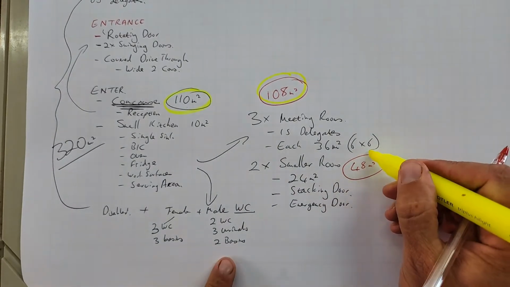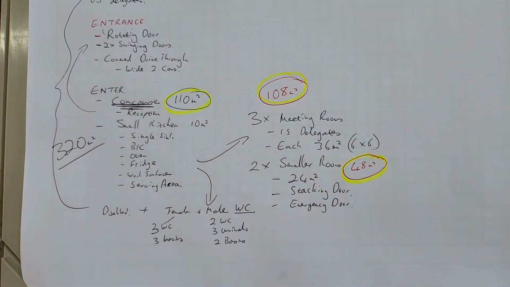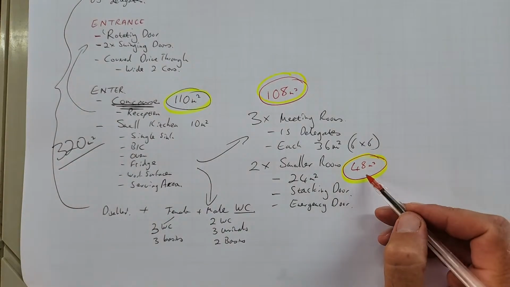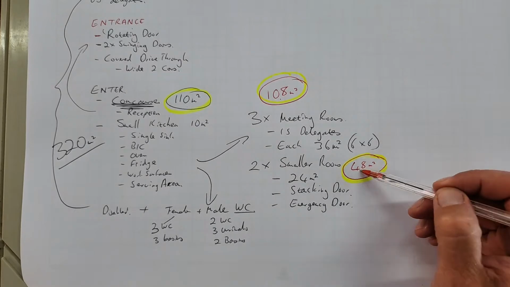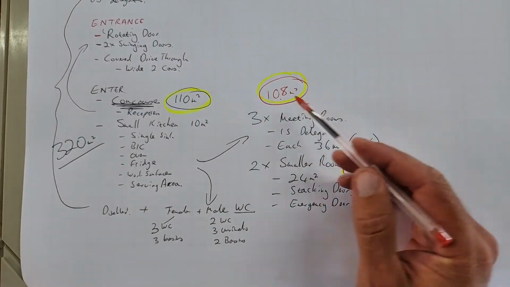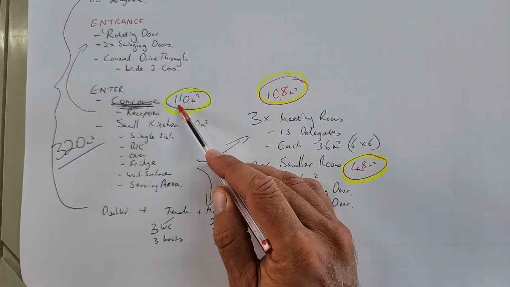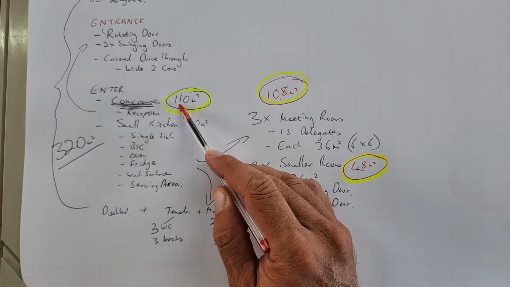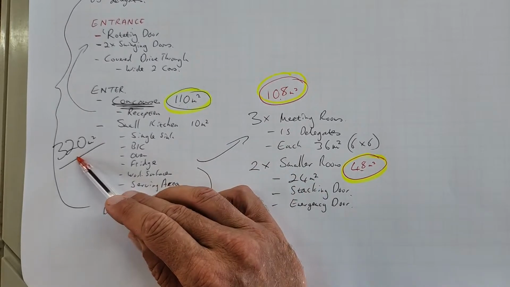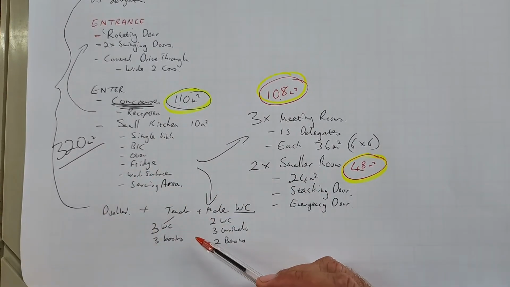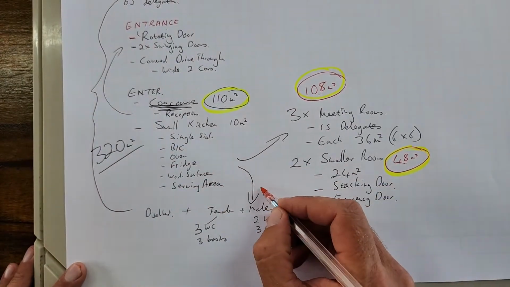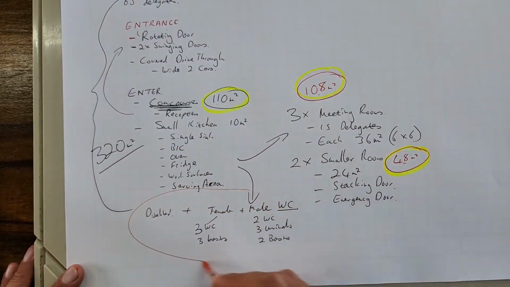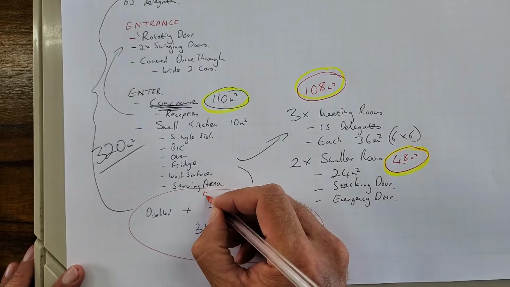Happy? So 48 plus 108 is 156, plus 110, it's 266. How much do I have left? Subtract from the 320. 54. So I've got 54 left for what? For my disabled bathroom.